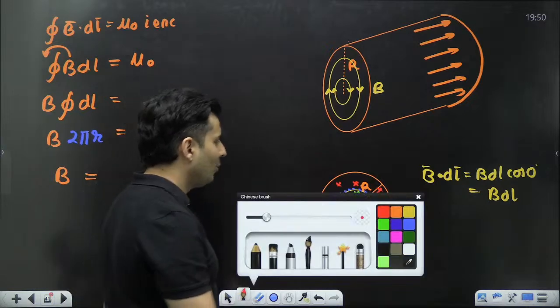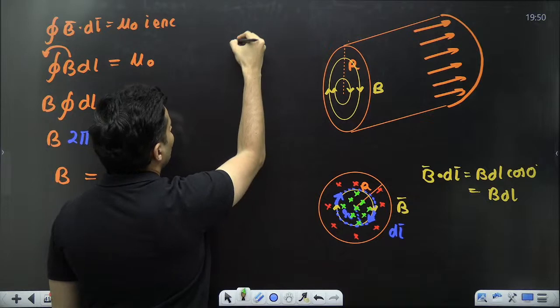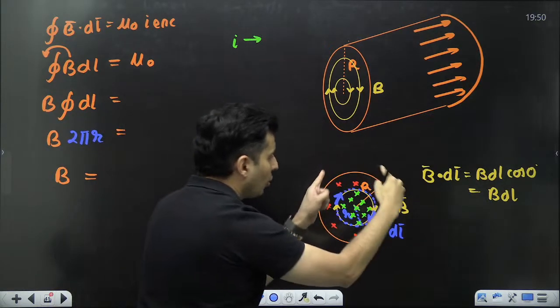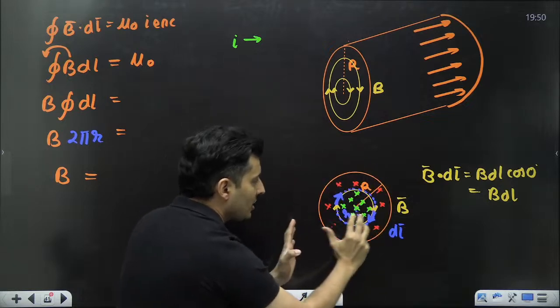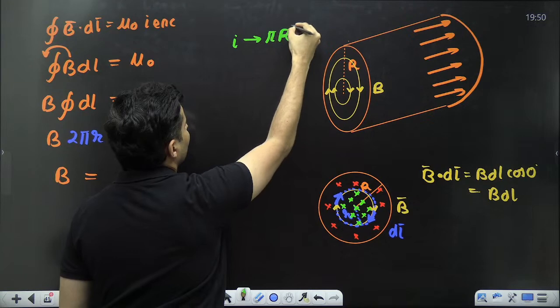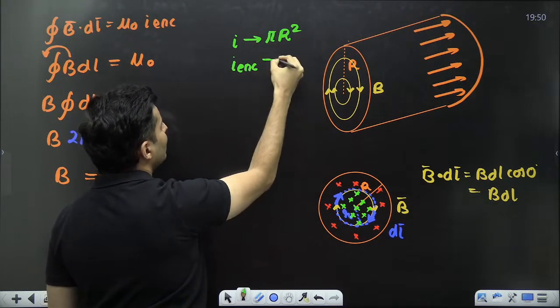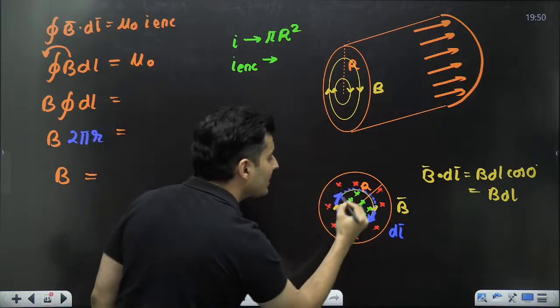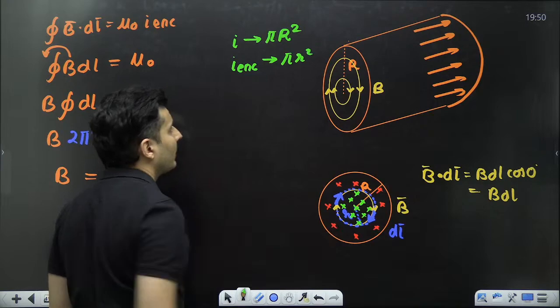How do I find that? Well, that's simple. Think like this. Total current I was on that complete area, which is basically pi r square. So in that enclosed part, how much will that current be? It will be only in this much part. What is that area? Pi small r square.